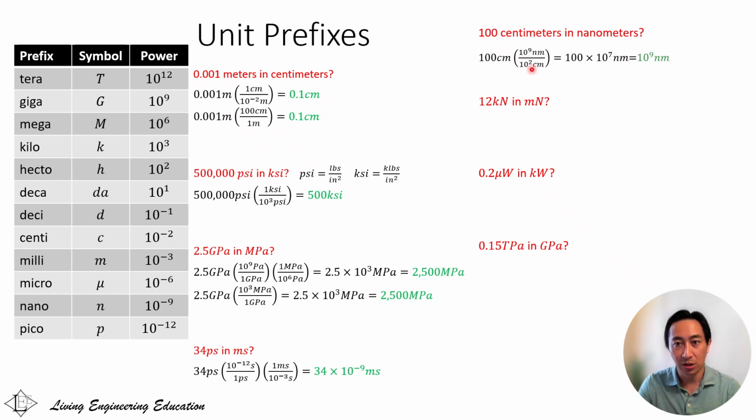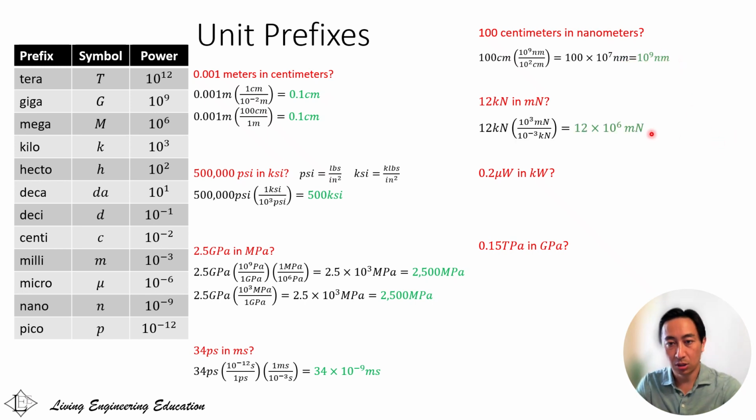So 10 to the 9th over 10 squared, 9 minus 2 is 7, so 10 to the 7th nanometers. I got 100 times 10 to the 7th nanometers. So this is equal to 2 plus 7 is 9, so 10 to the 9th nanometers, equivalent there. Okay? So similarly, I got 12 kilonewtons. Kilo, 10 cubed.